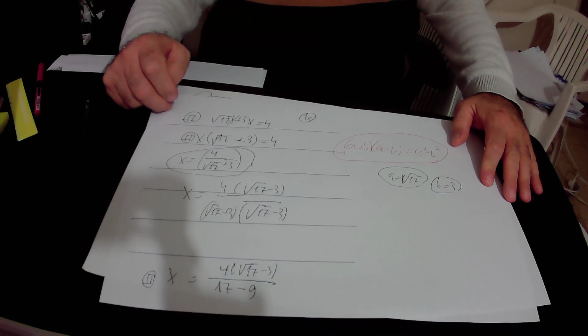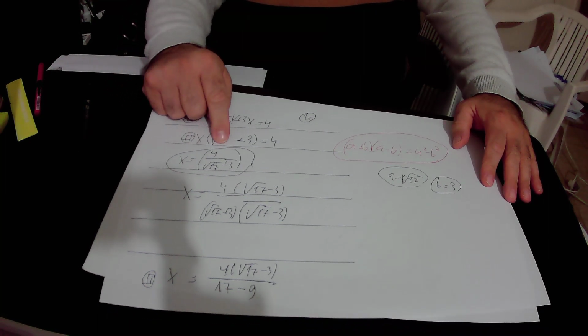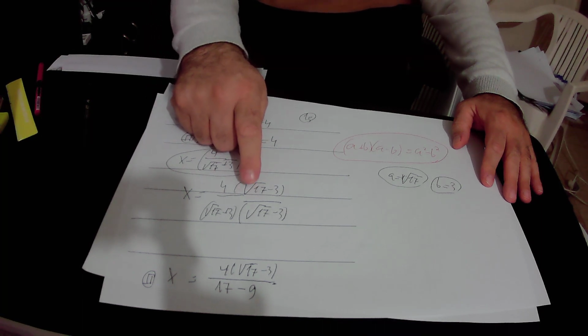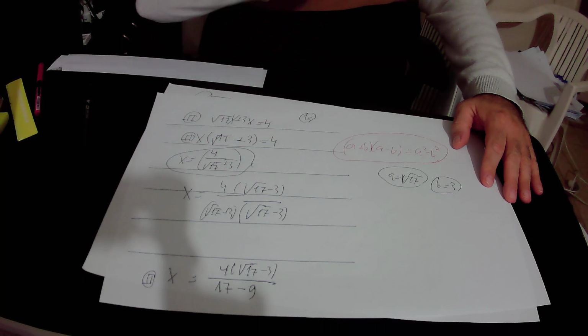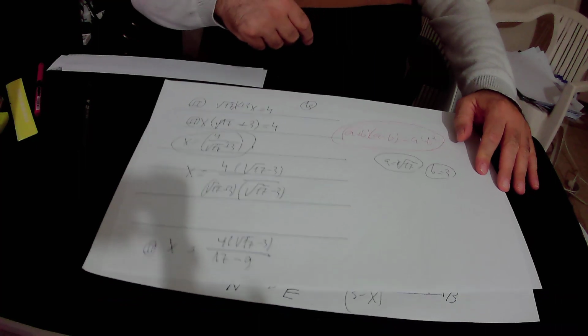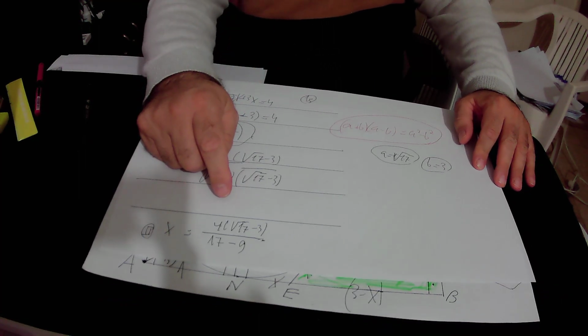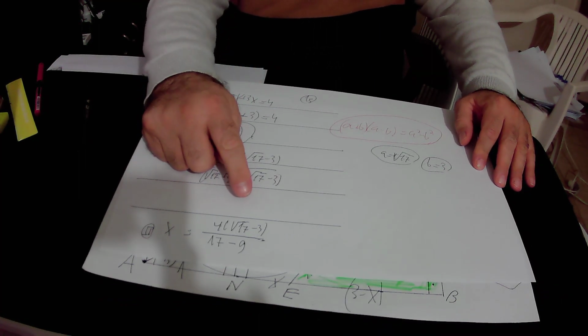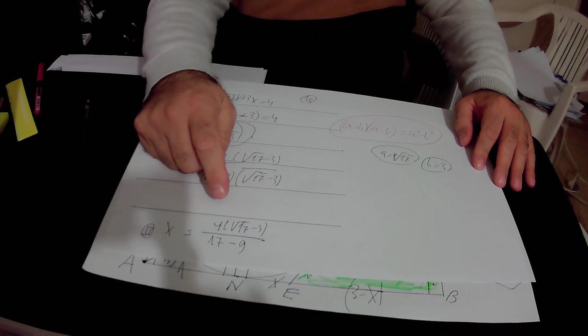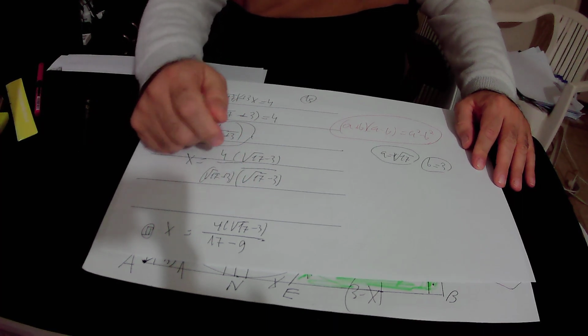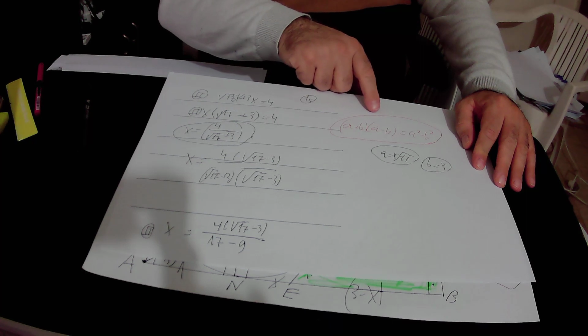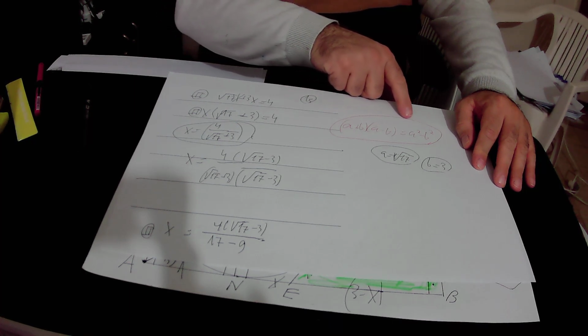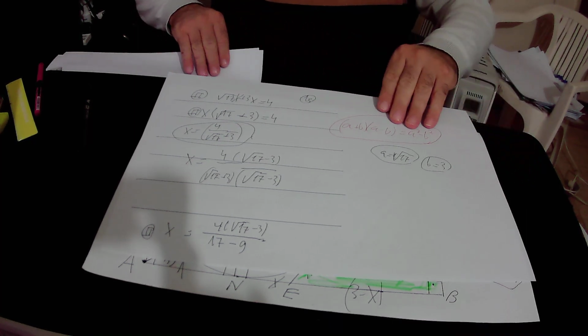Then we multiplied this side of the equality by square root of 17 minus 3, and then we divided by square root of 17 minus 3, and we got that x equals 4 times (square root of 17 minus 3) over 17 minus 9, according to the equality that (a plus b) times (a minus b) equals a square minus b square.